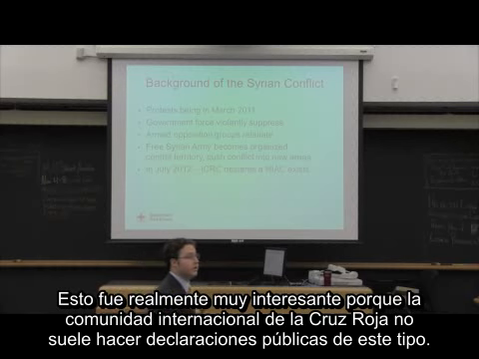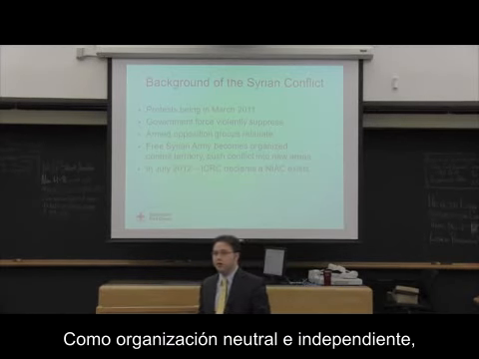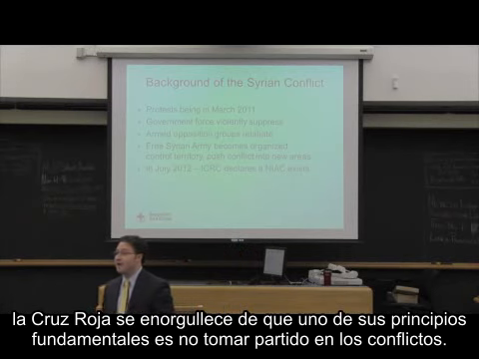Now, this is actually really interesting because the International Committee of the Red Cross doesn't generally make public statements of this sort. As a neutral and independent organization, it takes pride as one of its fundamental principles to not take sides in the conflict.